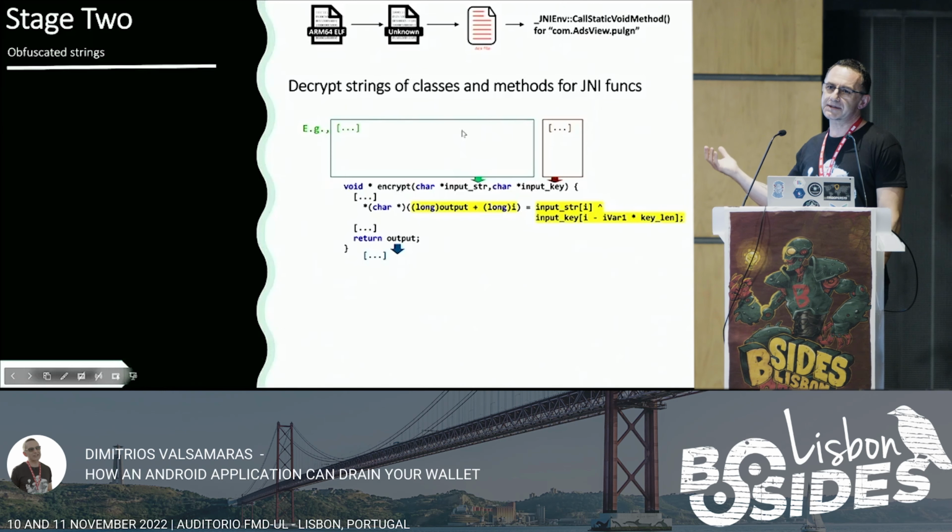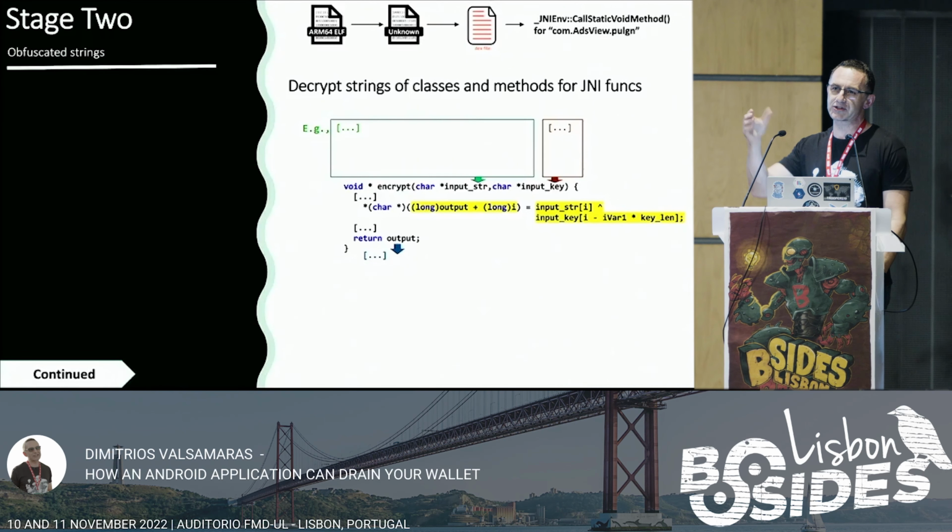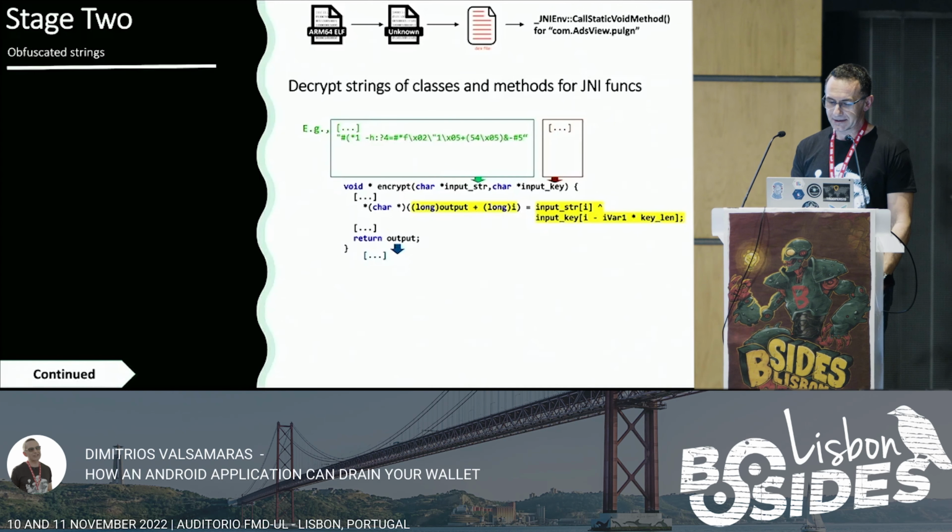When this ELF gets decrypted and dropped in the data directory, you won't see much there if you try to decompile it. All the strings were XORed. So we have to go through each one of them in order to decrypt it because they have different keys for each one. For example, this one has a key which was a GIF.